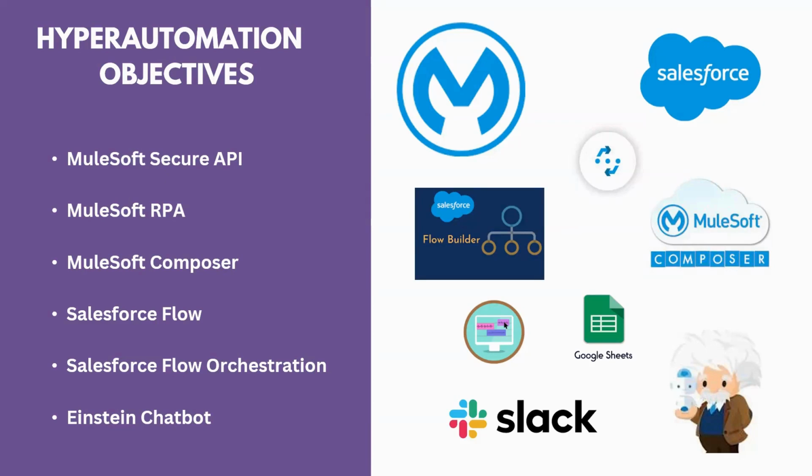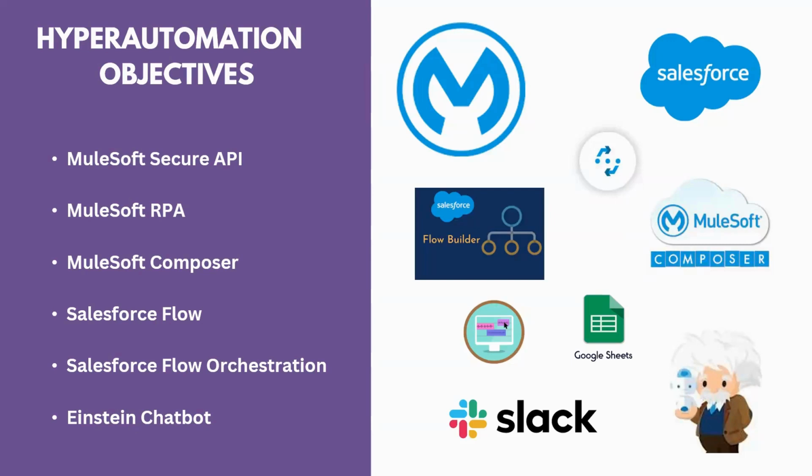And that means that not only our connected app, but our named credentials and our external credentials and those integration pieces and bringing in our API into Salesforce, all of those pieces had to be in place for us to be able to interact with these different platforms. So we spent some time on that.